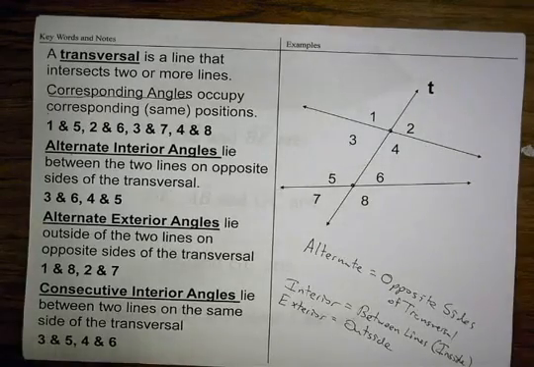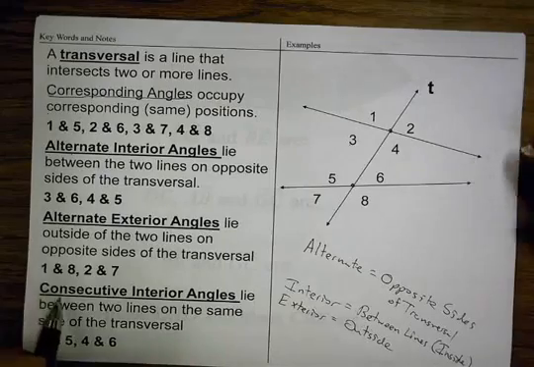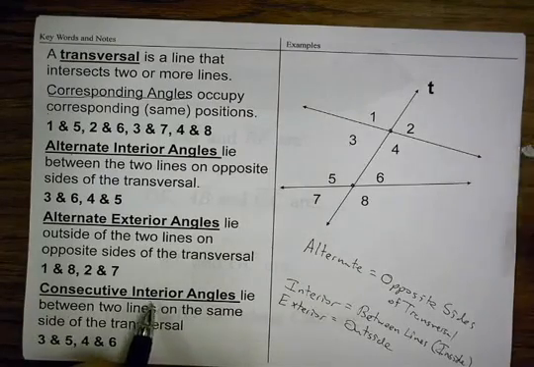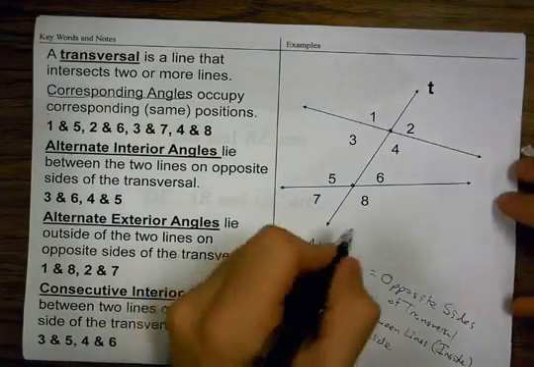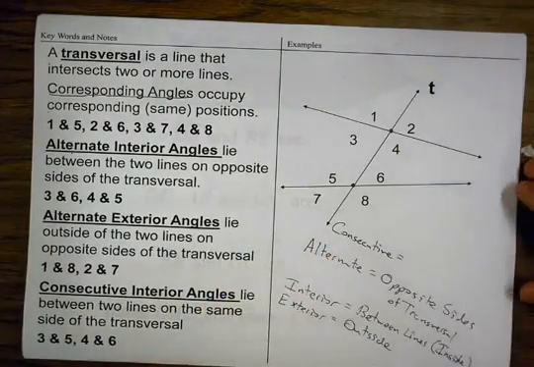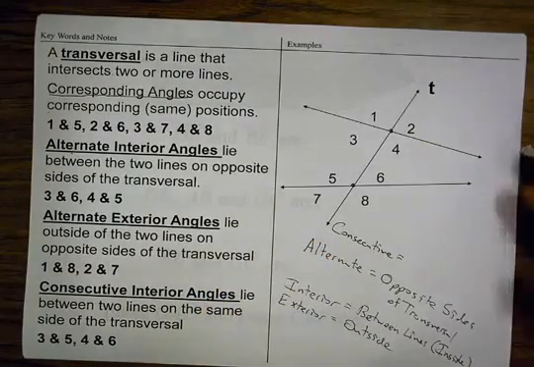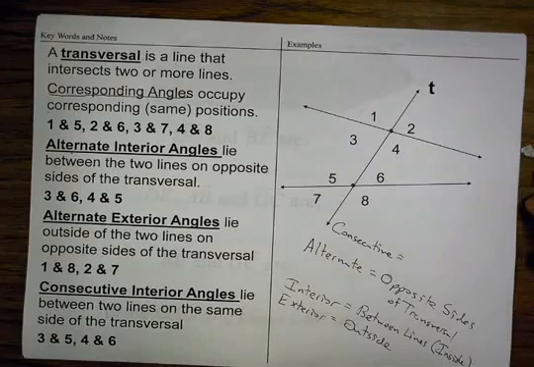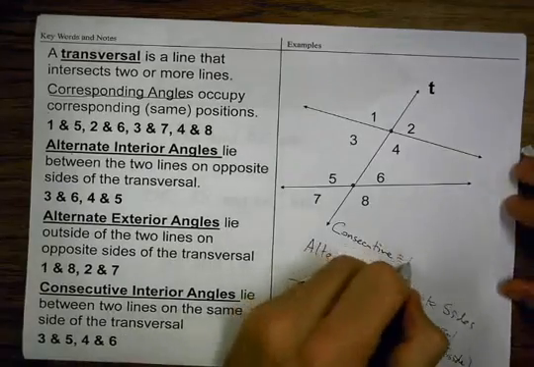For our last one, consecutive interior angles, we have a new term, consecutive. Now interior we've already seen. We know that's between the lines, but consecutive, we want to think of next to, or nearby, or if we think of consecutive integers, the ones next to each other.